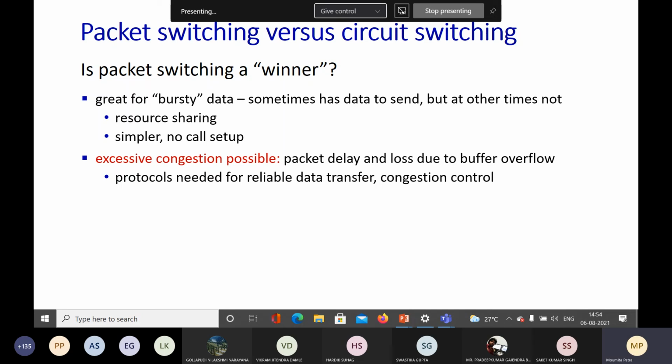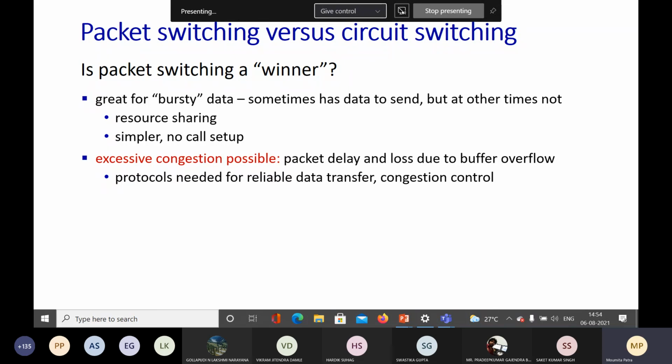If one device or too many devices are flooding the router and its buffer is overflowing, that is congestion. The task we need to do is to have some method or protocols to control this congestion.